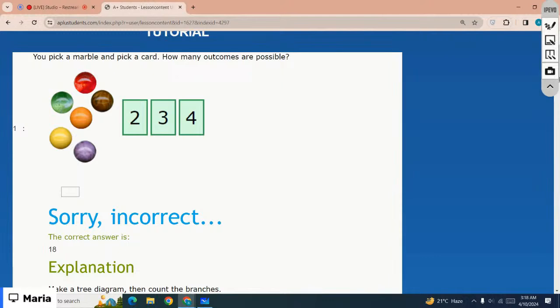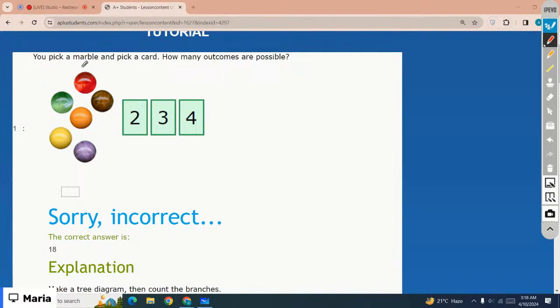Okay, you pick a marble at random and pick a card. Whenever you are given compound events, right? Compound event means more than one event. How do you calculate the total outcomes? For example, for the marble event, you have 1, 2, 3, 4, 5, 6.